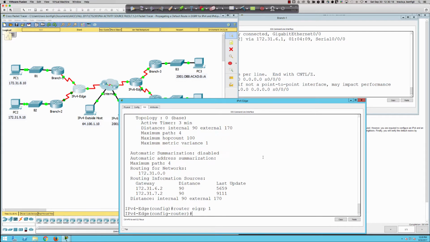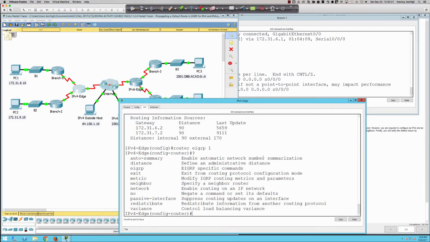So router EIGRP 1. Now, if I do a question mark here, again, I've got a trimmed down version of the choices, but we see the choice toward the bottom that we're looking for. I want to redistribute information from another routing protocol. Now, this should give us pause, because you might say, wait a second, another routing protocol, because all I have is a static route. When you hear protocol, you're probably thinking RIP, OSPF, BGP even, right?